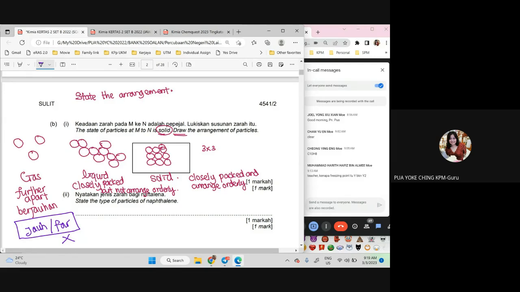Next it will ask you the type of particles. We have done this from the start. This is molecule. So this step is regarding the heating and cooling curve. What else in the heating and cooling curve is not here?